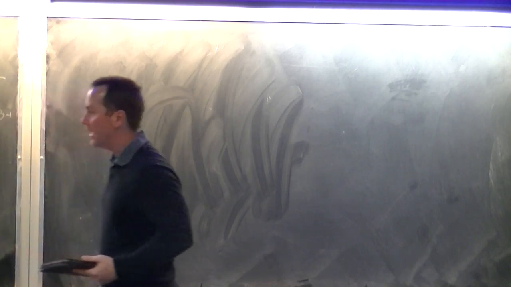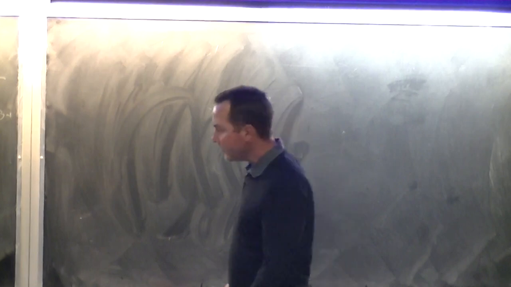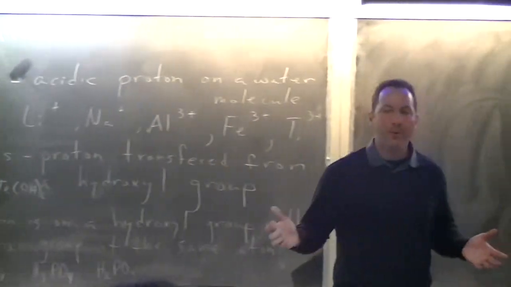Phosphoric acid is another example, H3PO4. H3PO3. When you have oxo groups that don't contain any protons.